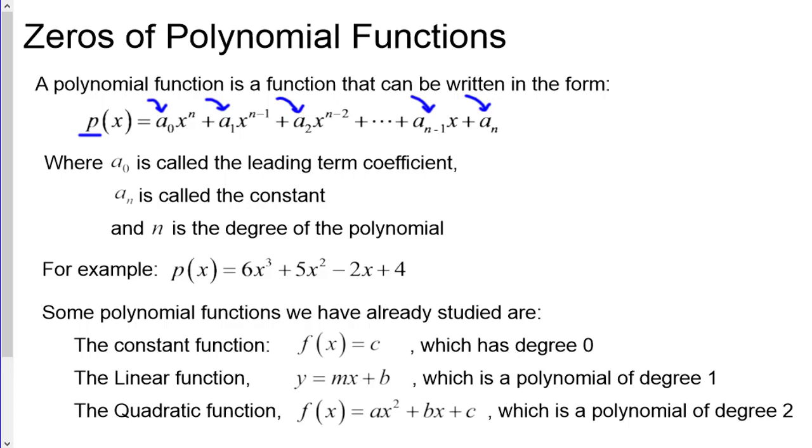Some other interesting things that are useful. First off, for any polynomial function, the domain is always negative infinity to positive infinity. We don't really talk a whole lot about domain and range for polynomials, but it's nice to know that in general, for all polynomials, the domain is always that.